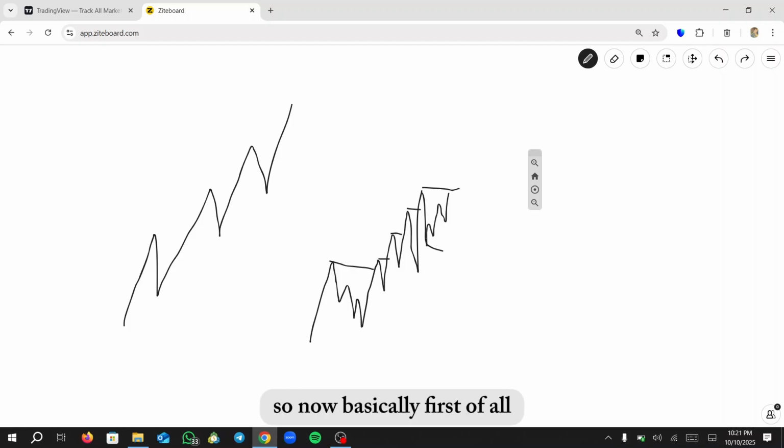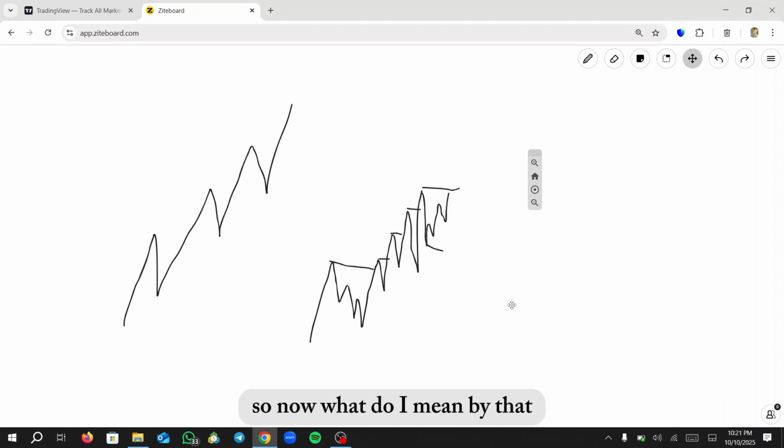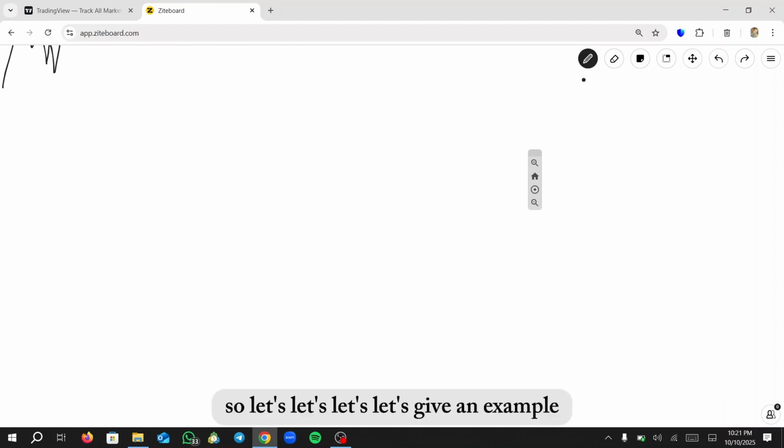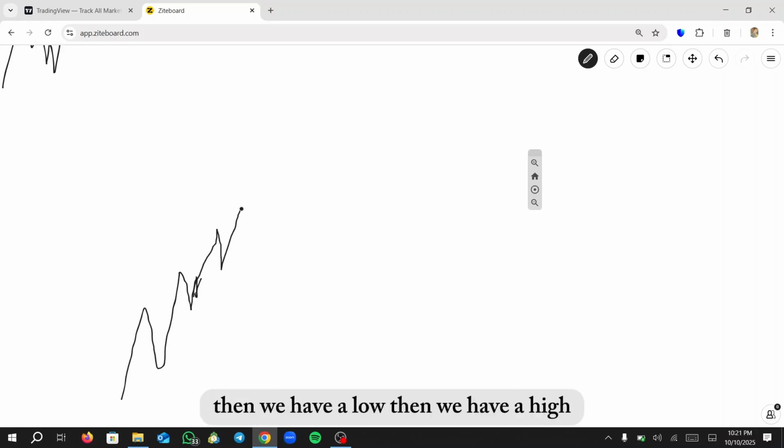First of all, you have to know how to identify your swing points. What do I mean by that? Let's give an example. We have a high, we have a low, another high, then a low, then a high again, then a low, then a high.